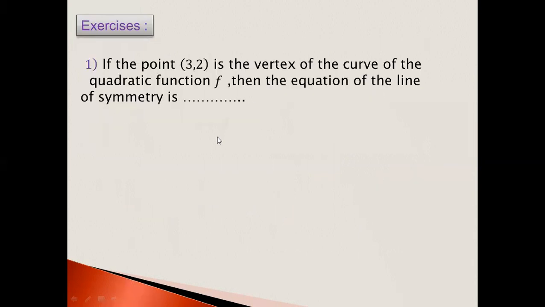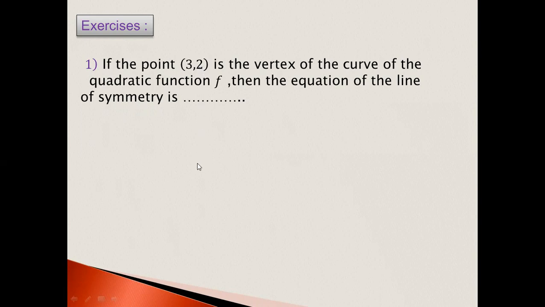Let's answer some exercises. If the point (3, 2) is the vertex of the curve of the quadratic function, then the equation of the line of symmetry is what? As we said before, we can take the equation of the line of symmetry from the vertex point. It represents the second projection of the vertex point, and the second projection of the vertex point here is 2.